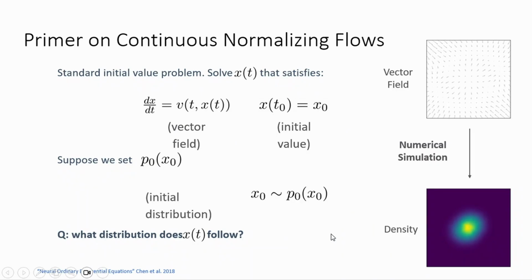And more particularly, you can see that instead of learning the score, we're learning this more general kind of vector field, which is again a vector defined in all positions for all time steps. Starting from some initial distribution like a Gaussian noise, and after you draw a sample, if you follow this ODE defined by this vector field, where the vector field defines the derivatives or the speed at each point where you should move, at the end of the simulation, you will end up having arrived at a distribution at t.